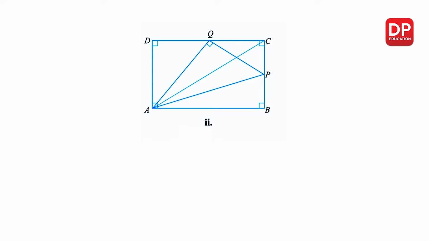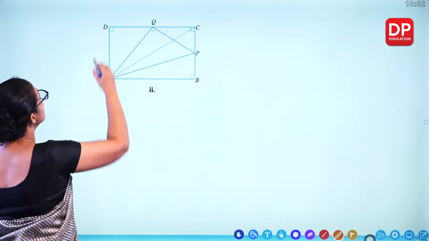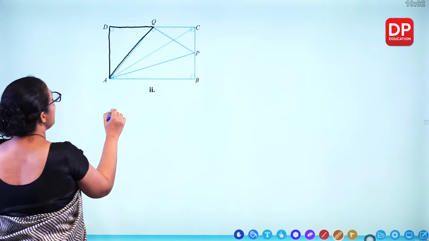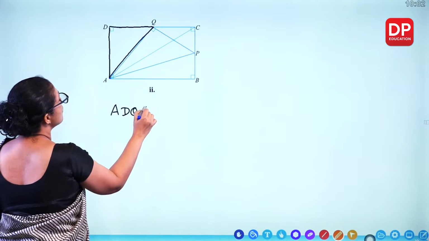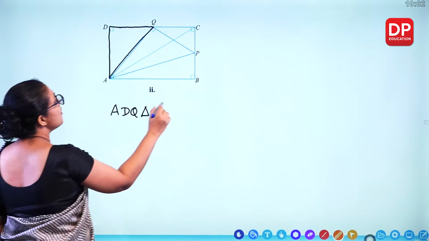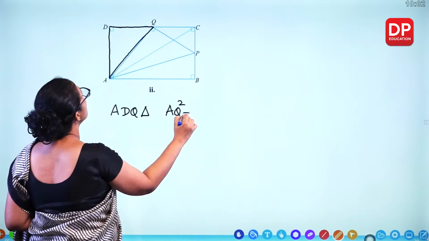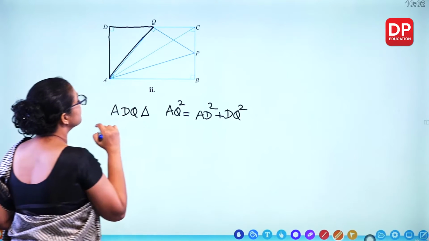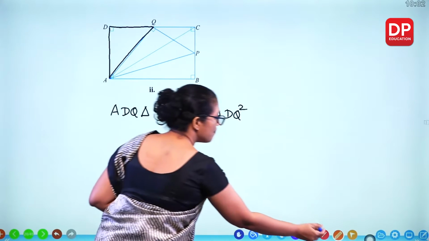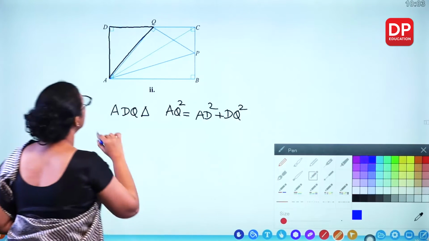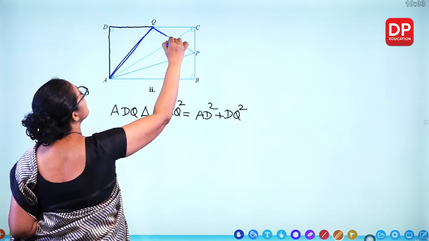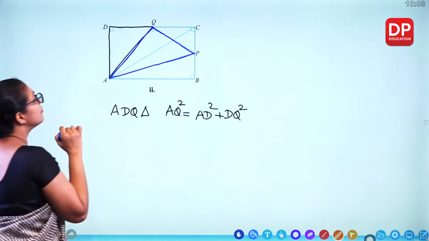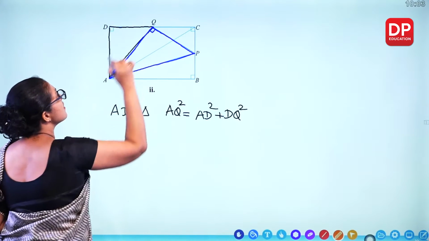This one. What are the right angle triangles? We'll start from here. This one. ADQ triangle. AQ is the hypotenuse. So AQ squared is AD squared plus DQ squared. Then we can take this triangle. This is 90 degrees.